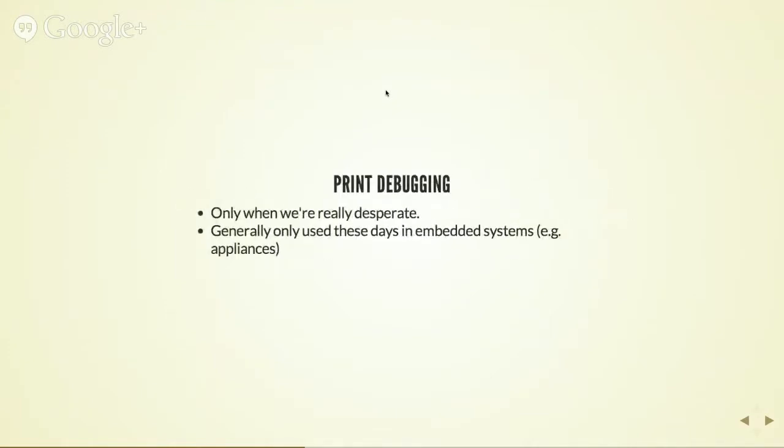So at the simplest, you've got this thing called print debugging, where basically you don't have any better tools. You've got a console that you can output some text to, and you know something's broken. So you start putting little print statements or puts statements everywhere in your code to try and figure out where you are and where exactly it's breaking.